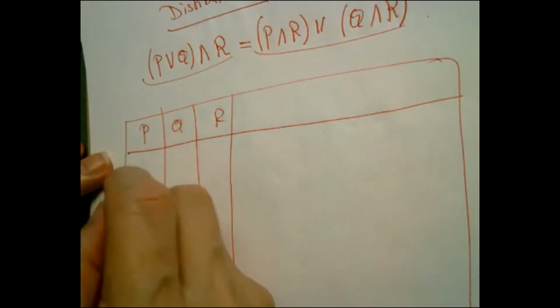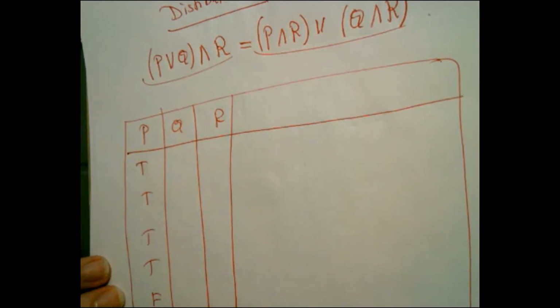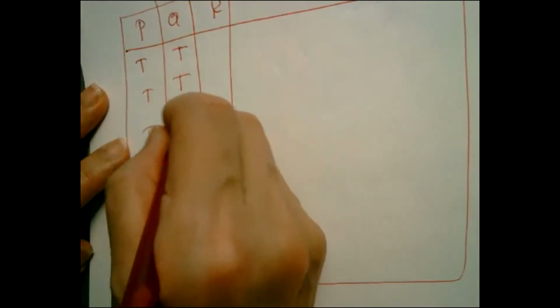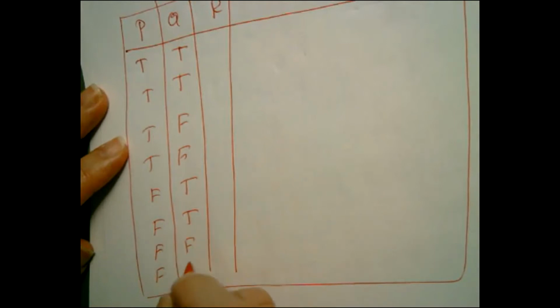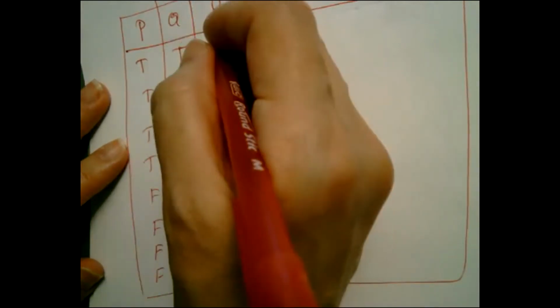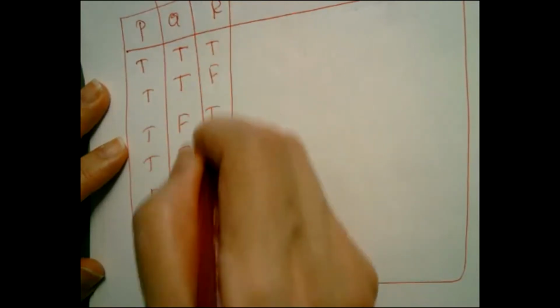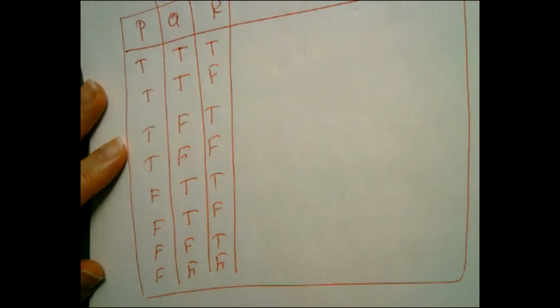All right, so P can take 4 values. That's the last one I do, because these are false, false, true, true, false, false. And what is R? It's true, false, true, false, true, false, true, false.